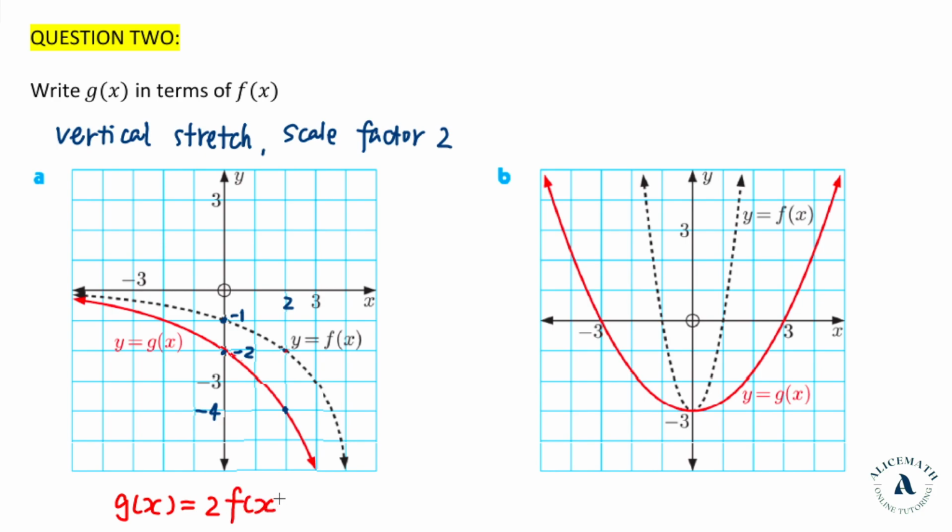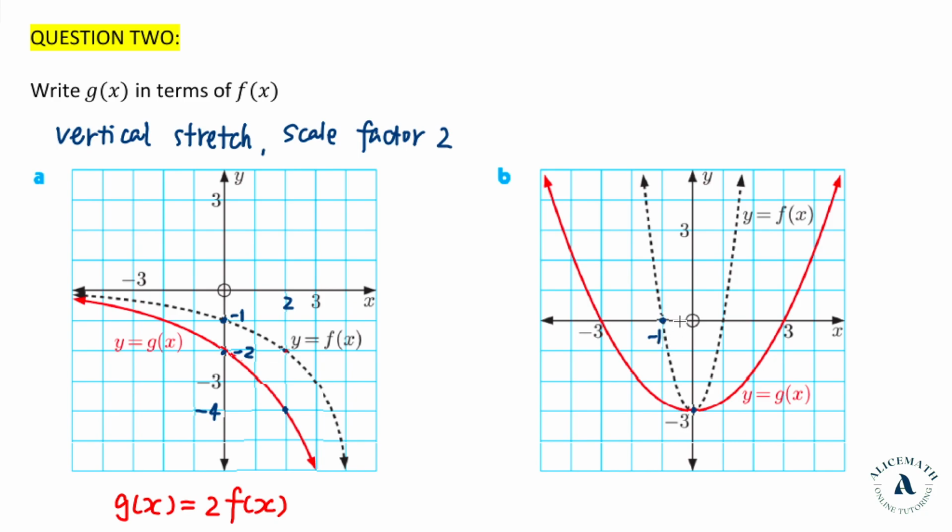f(x). Okay, now let's look at part b. A common point on both the black one and the red one is here. This point is on the y-axis, which means a point on the y-axis does not change. Then look at the other point. Here the horizontal distance is 1 unit because the x-coordinate equals -1.